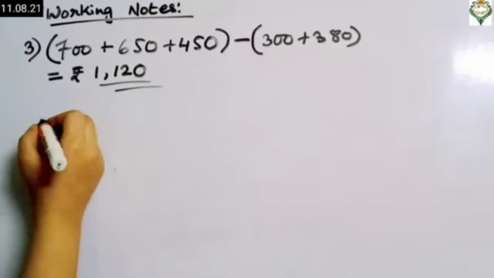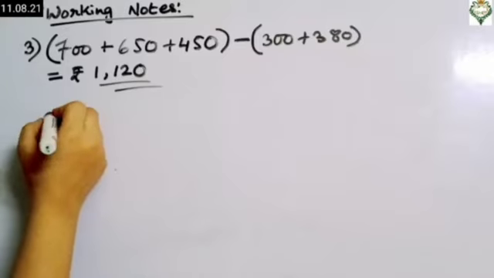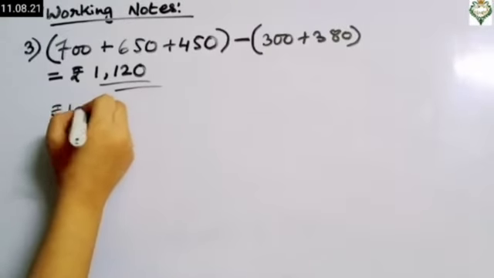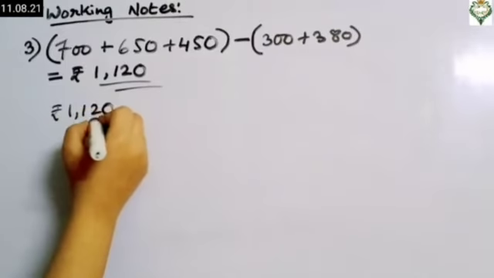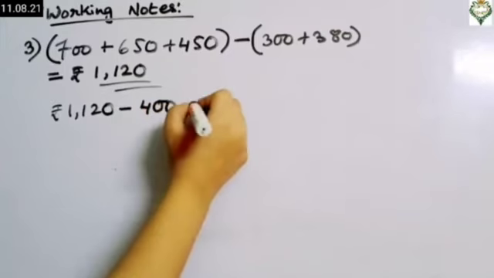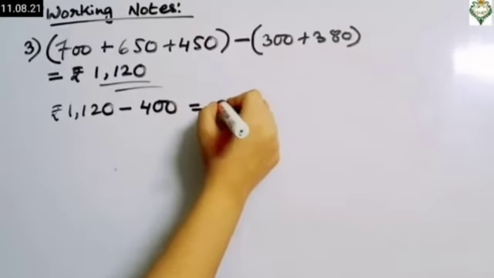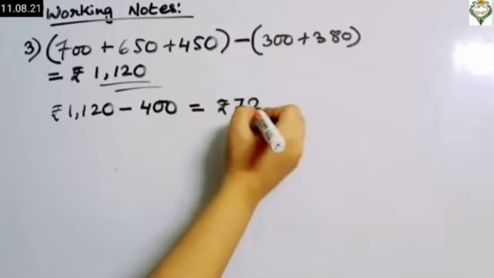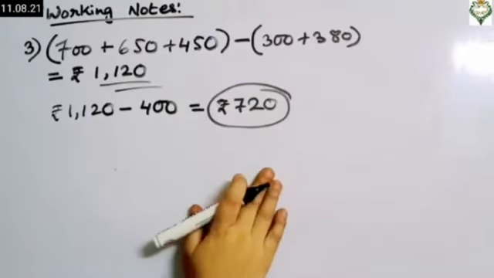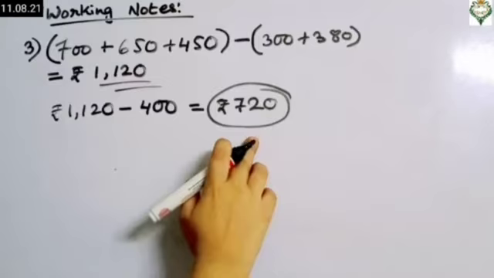So the balance that we have to deposit in the bank, we have to find out. 1120 is our total cash. From that we have to subtract that 400, so we will get the balance of rupees 720. This amount will be deposited into the bank. So this is the amount that we have to record in the book.